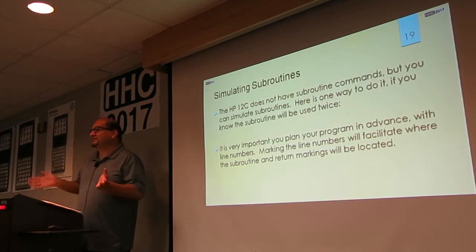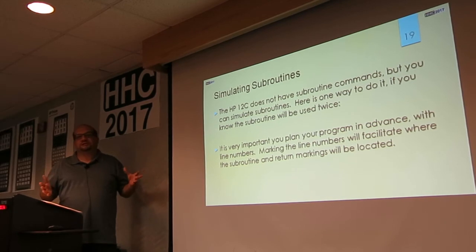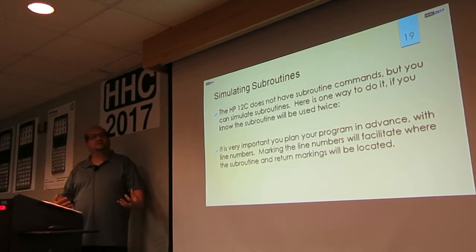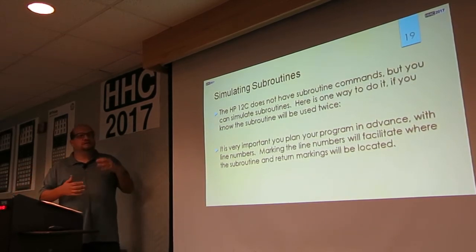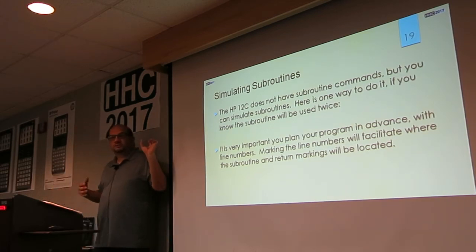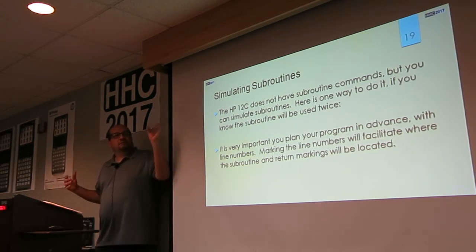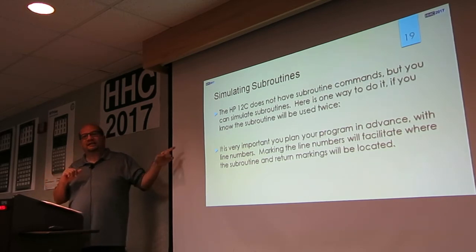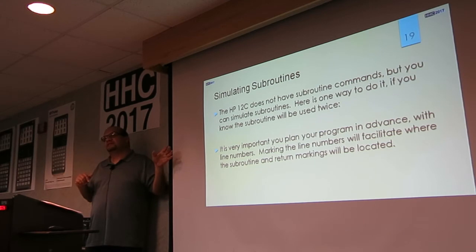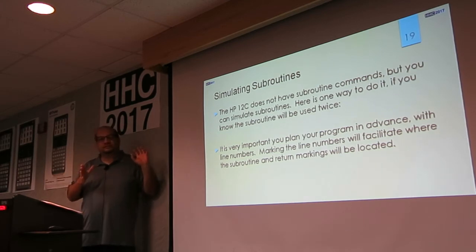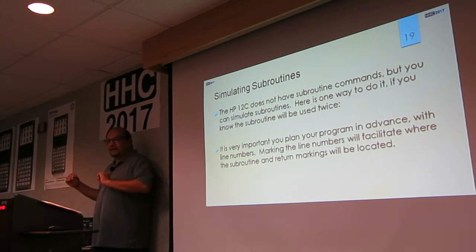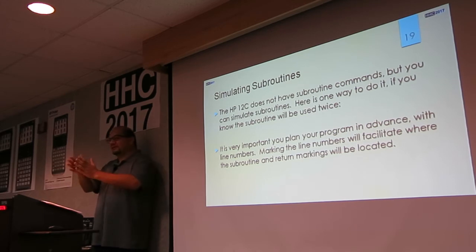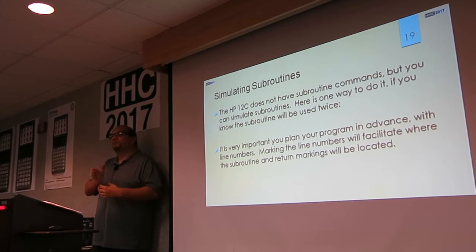So the 12C does not have pure subroutines, but you can simulate them. Again, we're going to designate one variable to be your flag, and then use the x equals 0 test again. If you're going to simulate subroutines, it is very important to plan ahead and know how many times a certain calculation is going to be used, because that will help you calculate what the flag needs to be.